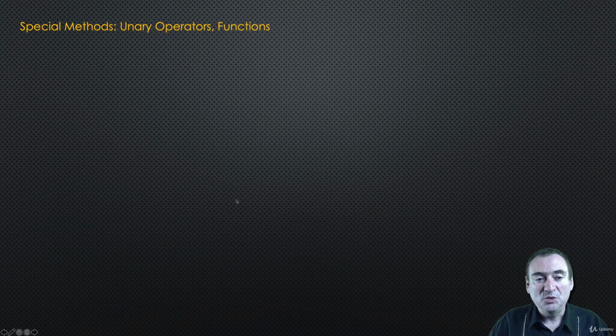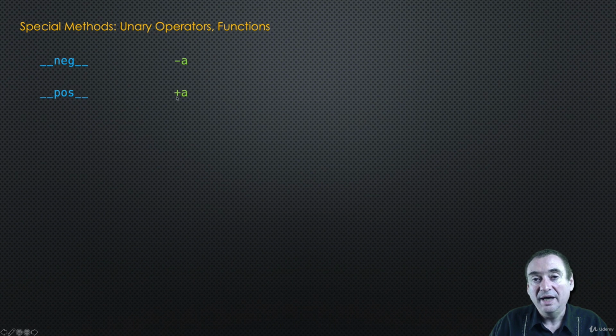We also have a couple more that I want to show you. We have two unary operators. Negation, which is when you say minus a. This is not the same thing as subtraction. This negative here is basically a unary operator. It's an operator that takes a single operand and it operates on this operand a here. So when that happens, the dunder neg method is going to get called. We also have the plus.